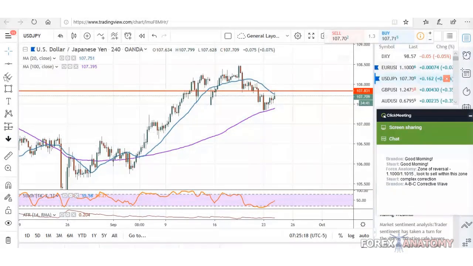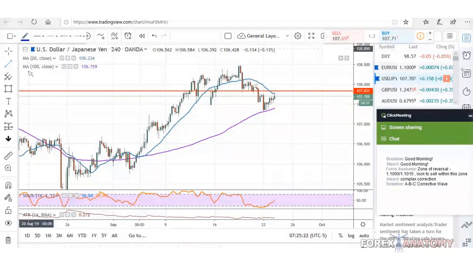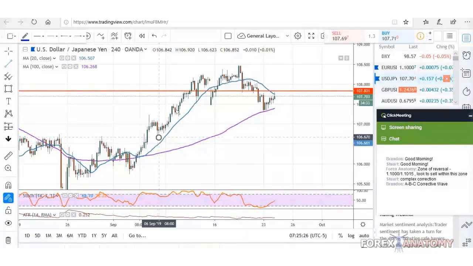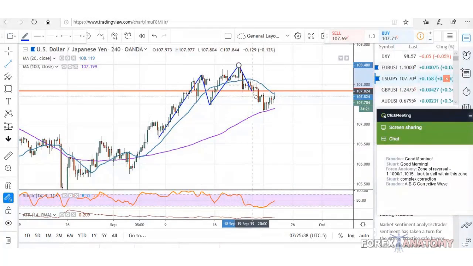Okay, let me just draw this in so you guys can clearly see what I'm looking at. So we had this move, from here to here, and then price fell lower, created this move right here, pushed higher, and then it made a lower low and a lower close.